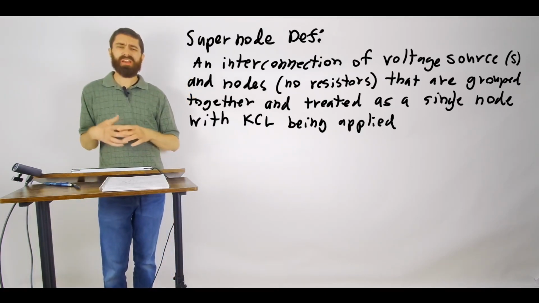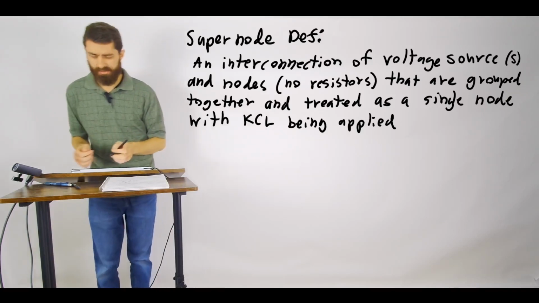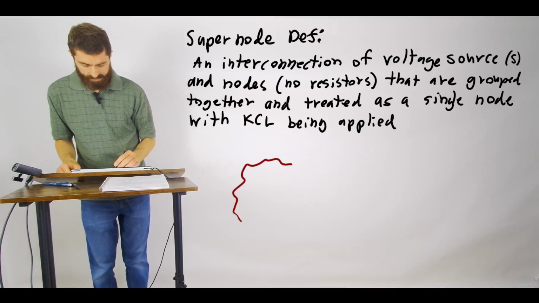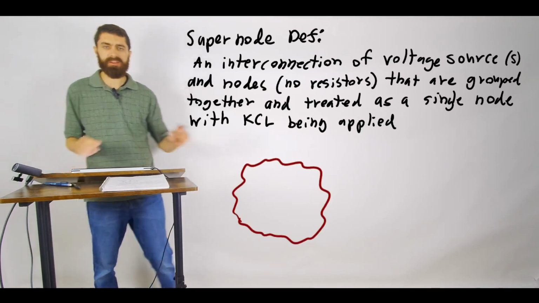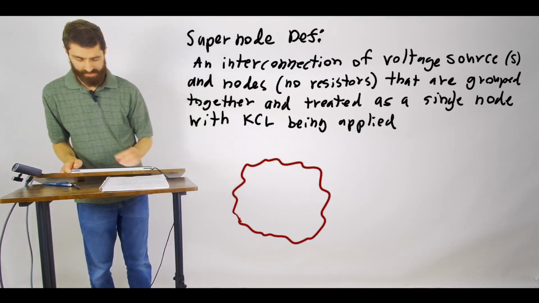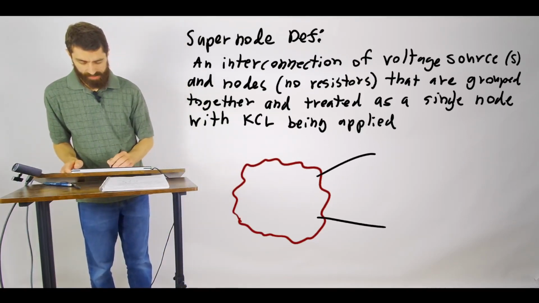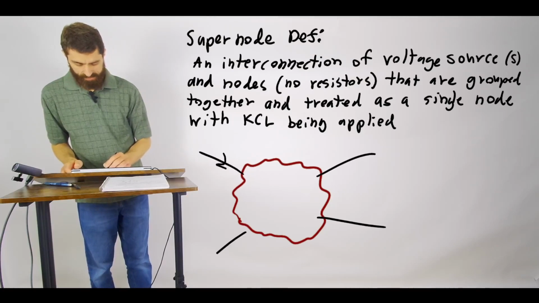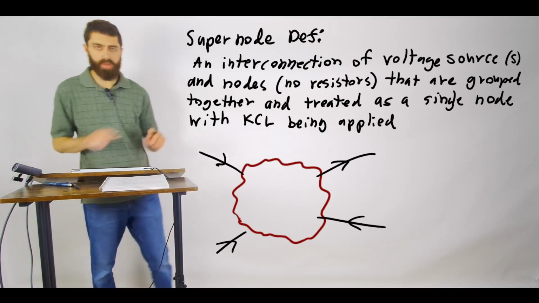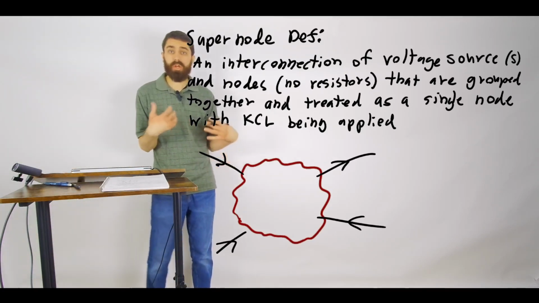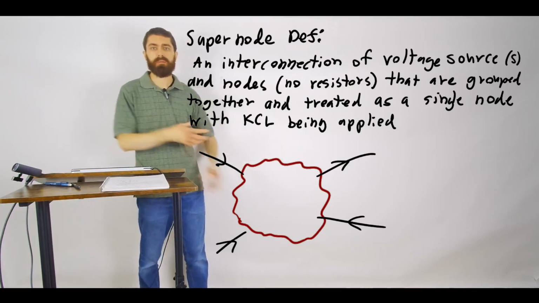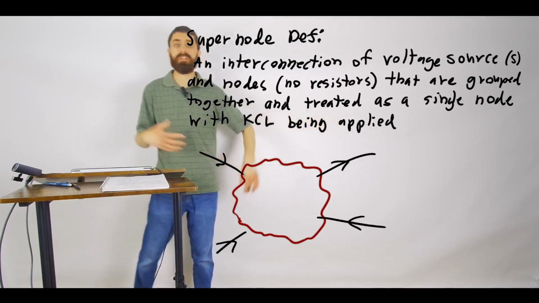But you can expand that idea: if you have just a blob of circuits and you don't know what's inside of it, but you know what the currents are going in and out of the blob, then based on conservation of electric charge, what's going in has to eventually come out.